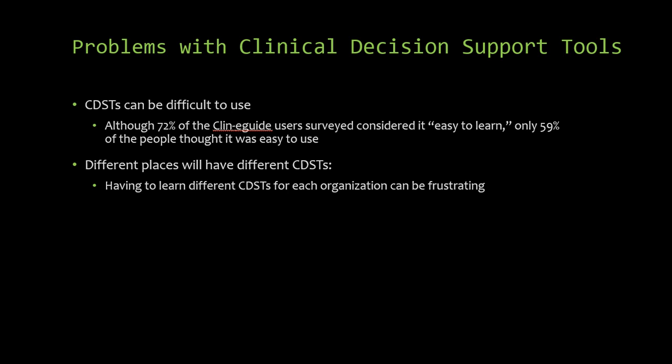Also, different places will have different clinical decision support tools, which can be very frustrating, especially if you're transferring from one job to another and having to learn the new system. But if we can look past these flaws, clinical decision support tools have made a great impact on the clinical side of healthcare.